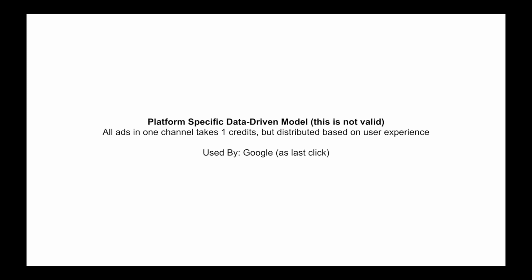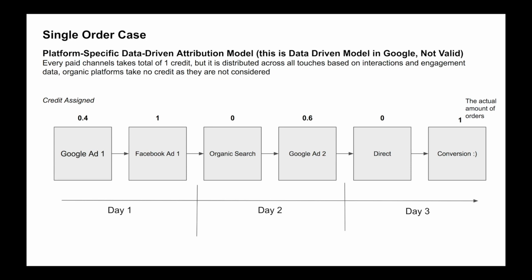So for each platform, depending on how many platforms you have, your reported conversions, if you add them all together, will be 3 or 4 times as much as it actually is. So let's consider a single order case again. As you see here, same deal for Facebook, because it's just one specific ad, so it just took 1 credit.